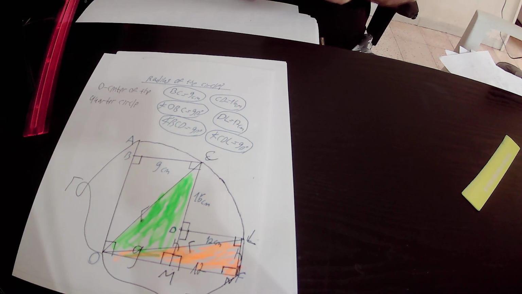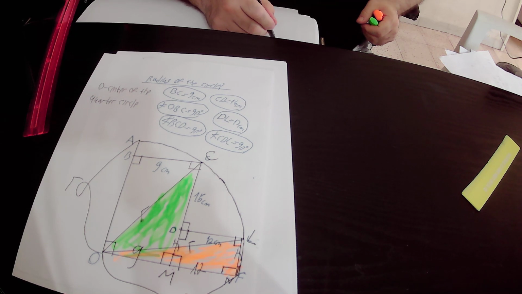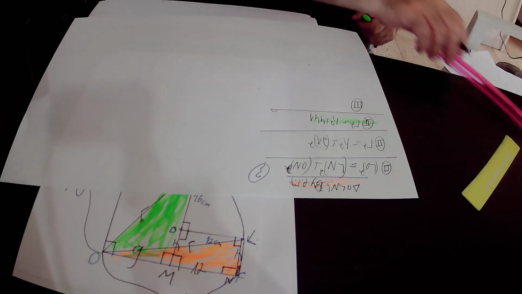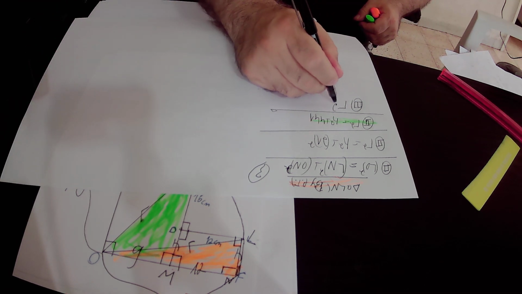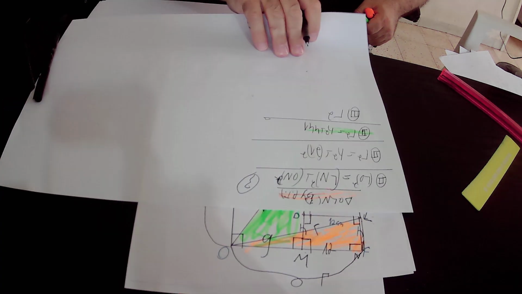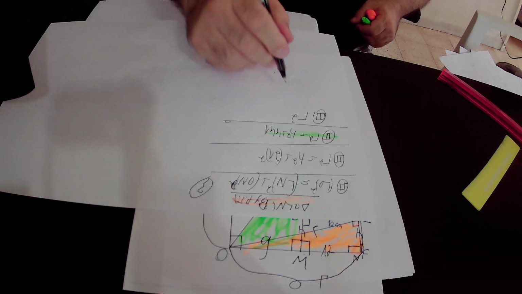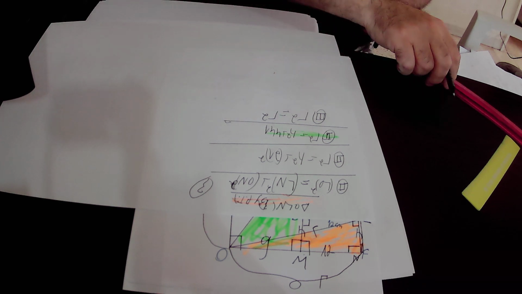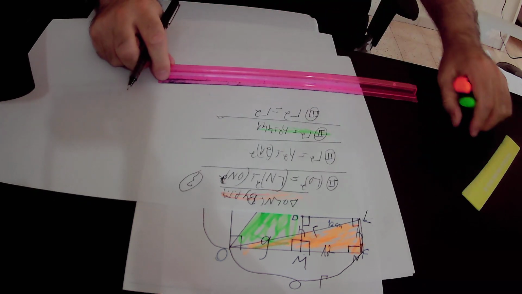Therefore, we create equation number 3 that states that R squared according to equation number 1 must be equal to R squared according to equation number 2. Okay.